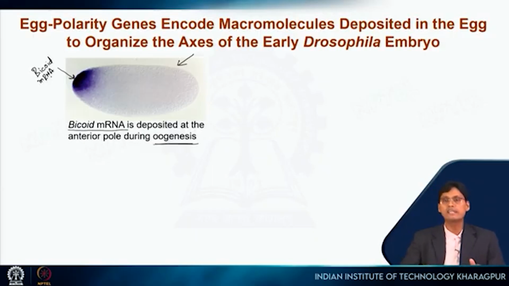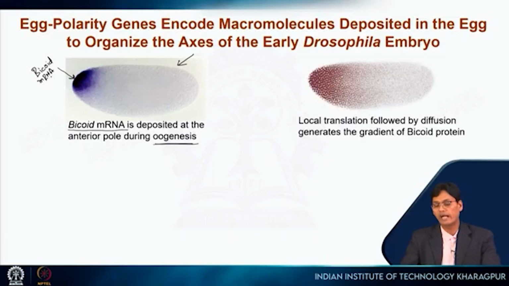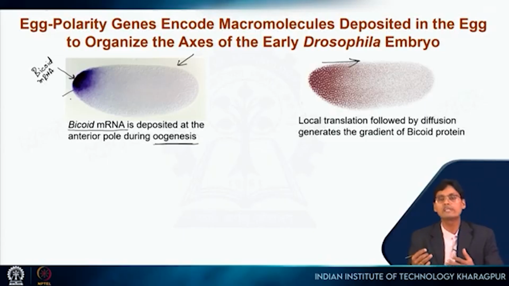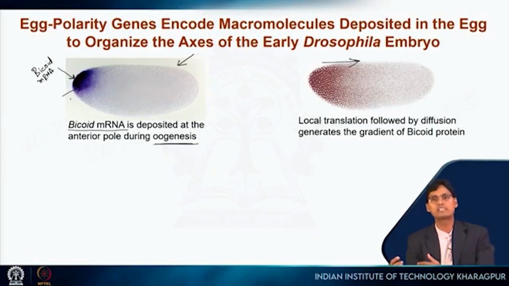Somehow this bicoid mRNA is restricted to one pole. If this mRNA is restricted to that pole, the mRNA is getting translated, so we will get some kind of concentration gradient of protein. Because the mRNA is present here, there we will get more translation. And after translation, those bicoid proteins will slowly diffuse through the cell inside the egg.